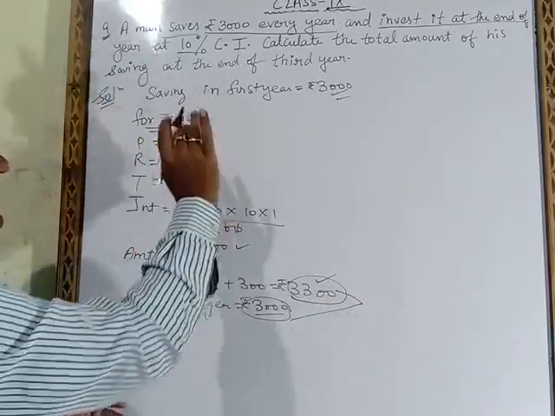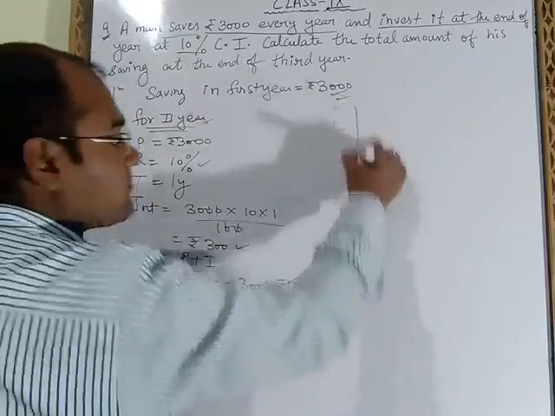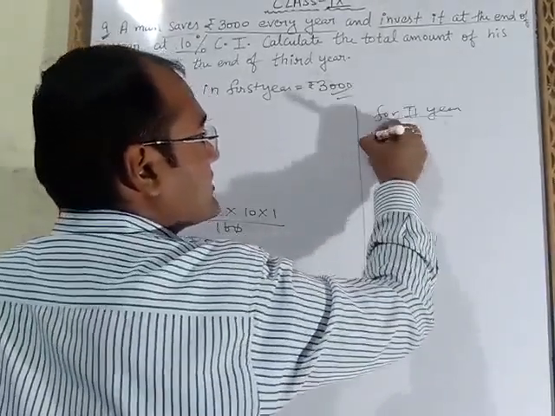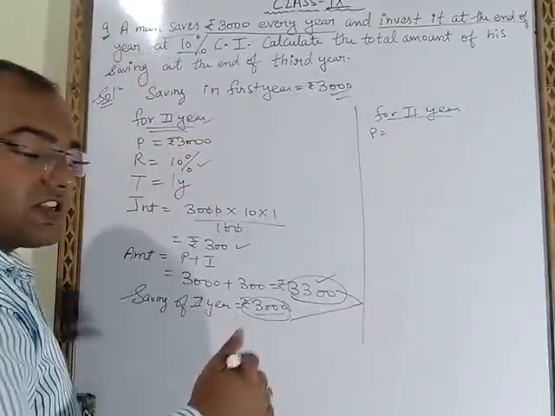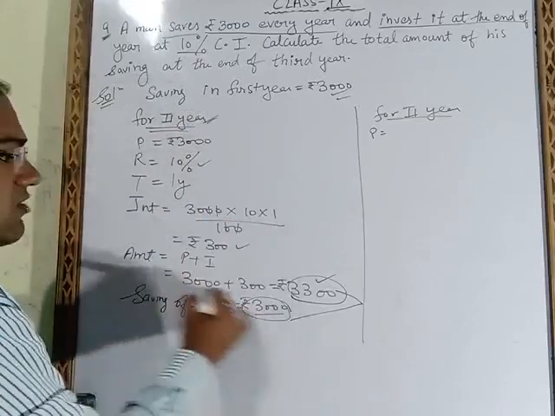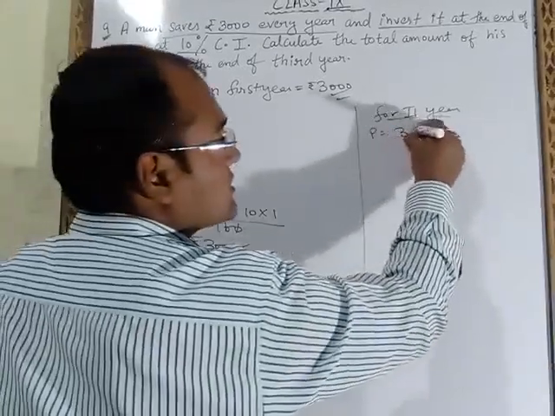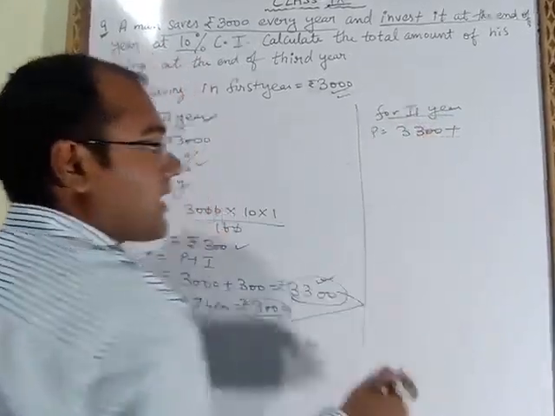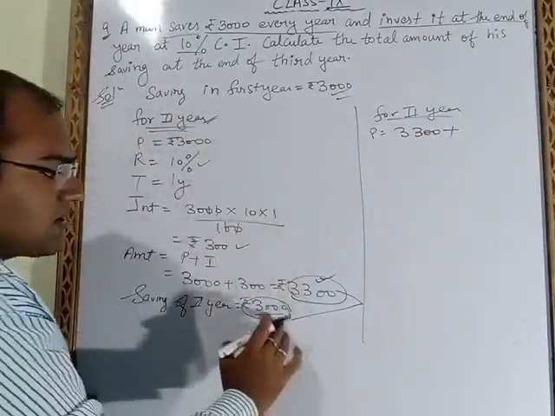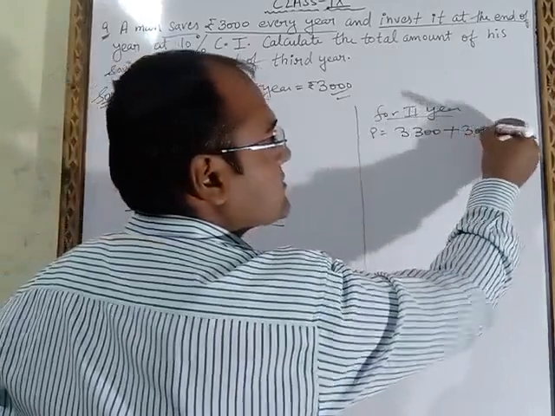Now the second year is over. For the third year, the principal will be the money which he got from his investment. From his investment in the second year he got how much amount? 3300 rupees he got, plus he invested his saving also. In the second year he saved 3000, so he will invest this money also.